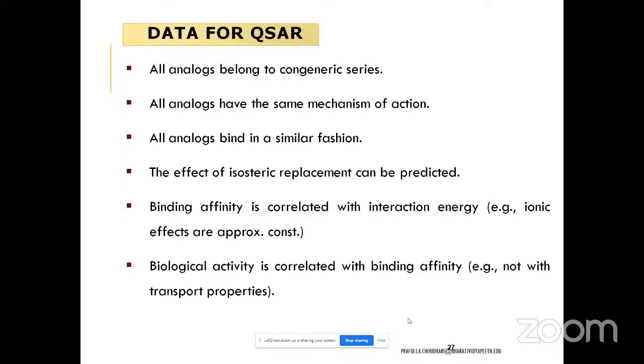Also, another requirement, all analogs should bind in a similar fashion, which is commonly observed in the case of allosteric inhibitors. Means what? Suppose one researcher is working on a QSAR of HIV reverse transcriptase inhibitors. So we got an antiviral activity which is similar. All molecules are congeneric, also similar, but one is a nucleoside reverse transcriptase inhibitor class of molecule, another is a non-nucleoside reverse transcriptase inhibitor, nevirapine class of molecule.